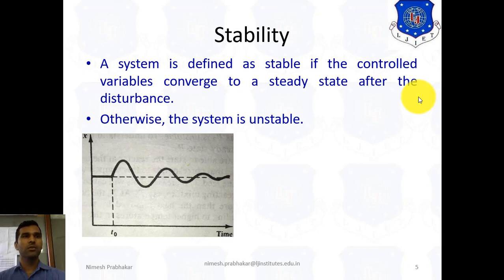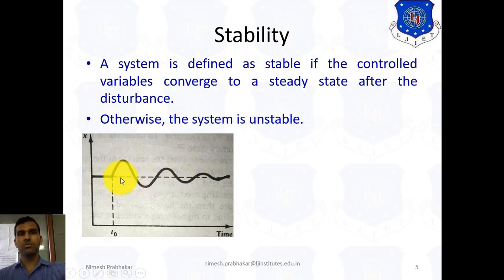Notice that at time t equals t0, the variable is changed: the value of x is disturbed by some external factor, but as time progresses, the value of x returns to its initial value and stays there.